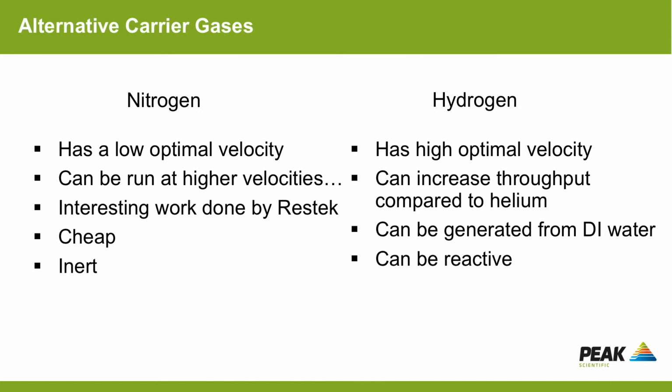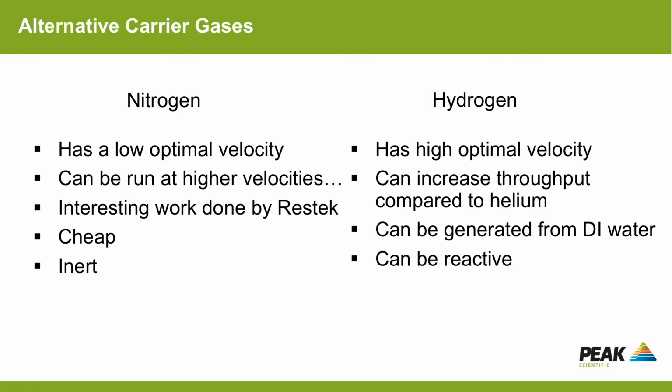So when we talk about converting to alternative carrier gases, we're really looking at nitrogen or hydrogen as alternatives to helium. Now, nitrogen can be used in a number of cases, but there are a couple of potential negatives.